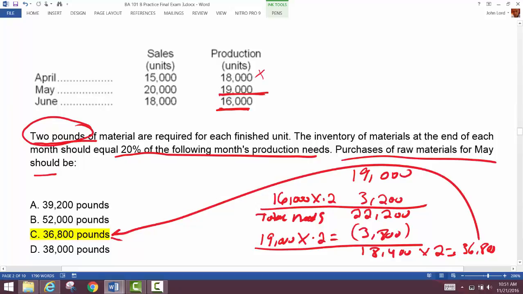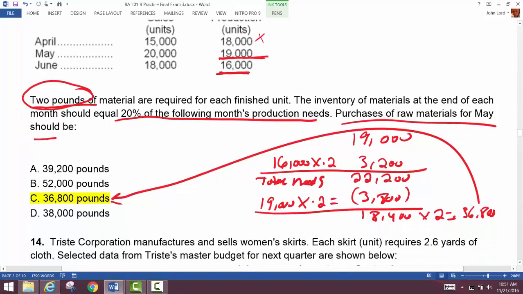It didn't give me any choices that didn't contemplate multiplying by the 2 pounds. You may see some questions where you're getting the right answer when you just do the units, but if you don't multiply by the number of pounds or whatever it is you need per unit, you won't be able to get the right answer. Question?